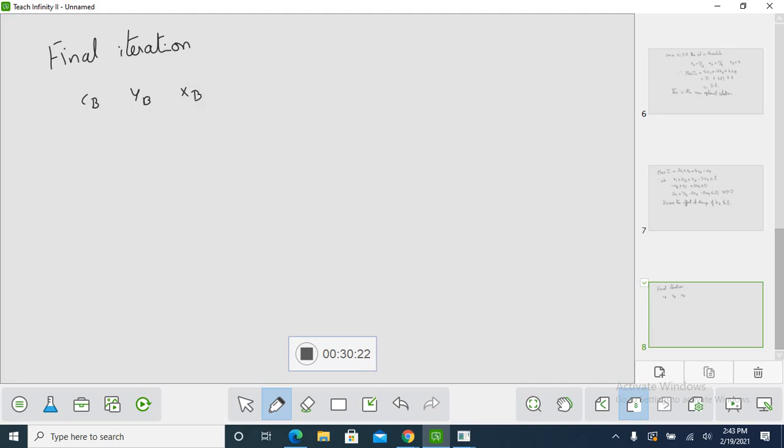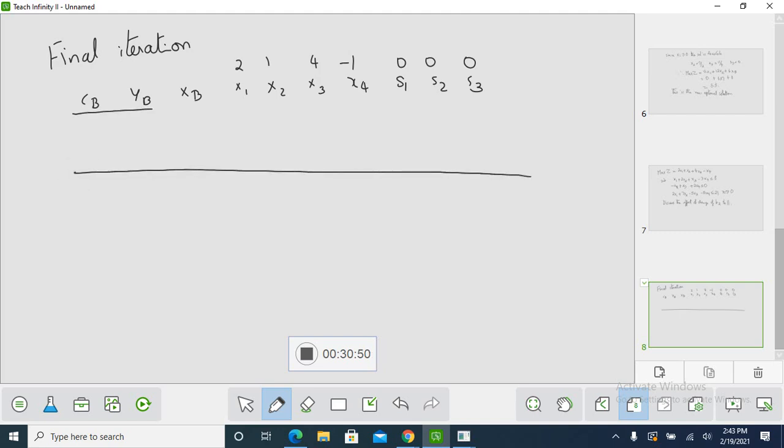Then we have a lot of variables x1, x2, x3, x4, and three slack variables s1, s2, s3. The cost of the slack is 0. From the objective function, x1 is 2, x2 is 1, x3 is 4, x4 is minus 1. I have solved it, so I am giving it to you.